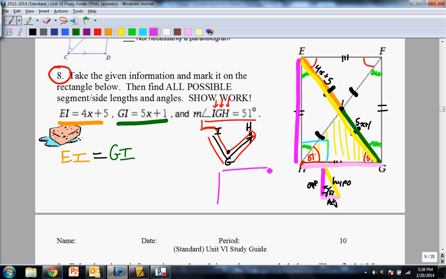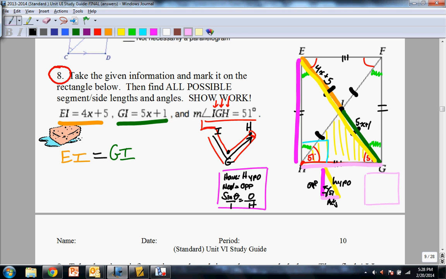So for the hot pink, you're going to have the hypo once you find X and plug it in. And you're going to need the opposite. That's an OH combo, so you're going to use sine of theta over 1 equals opposite over hypo. That's for the hot pink.